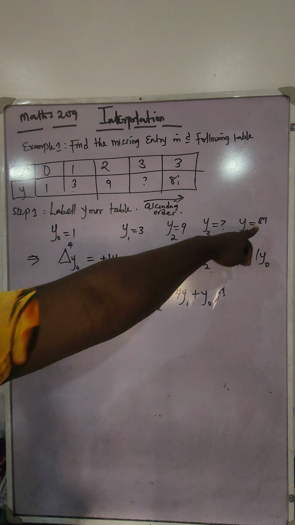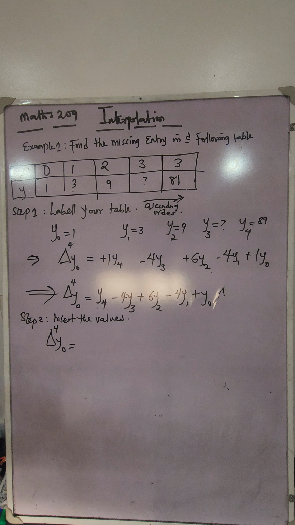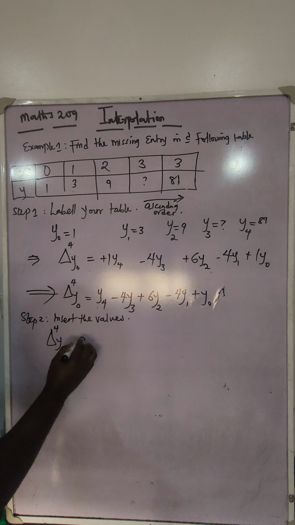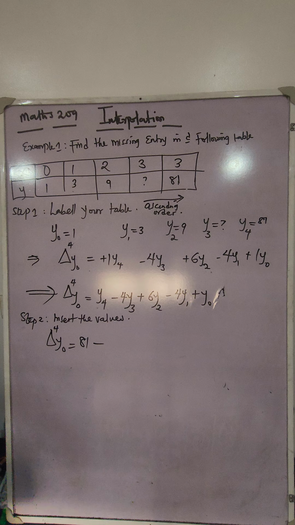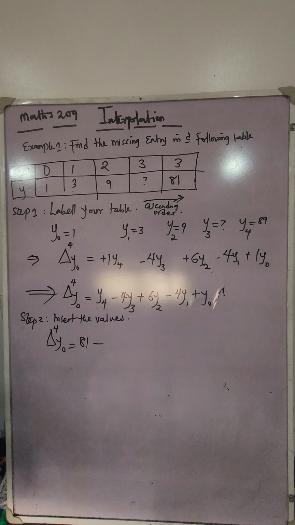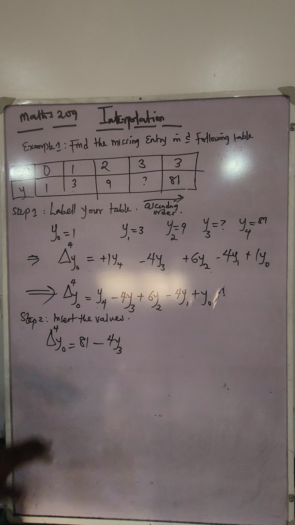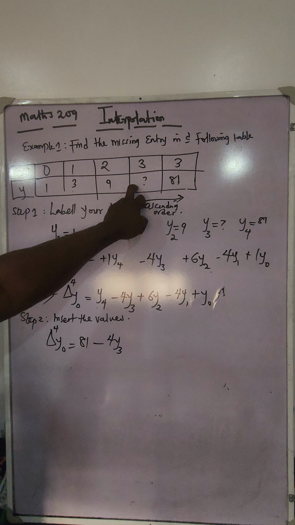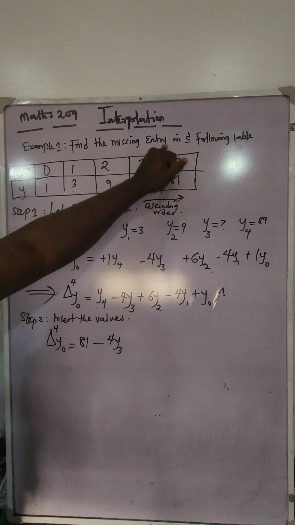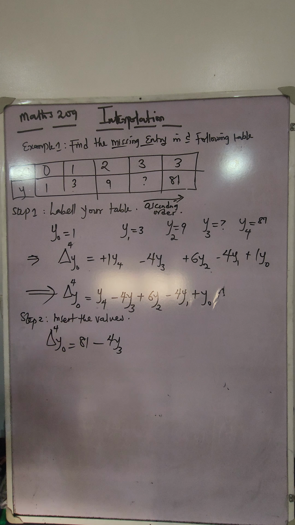Since we have been able to say that y4 is 81, that would be 81 minus 4y3. y3 is unknown, so we just say 4y3. Remember that the whole essence of this is to find the missing entry. The whole essence of us doing this is to find the missing entry here.